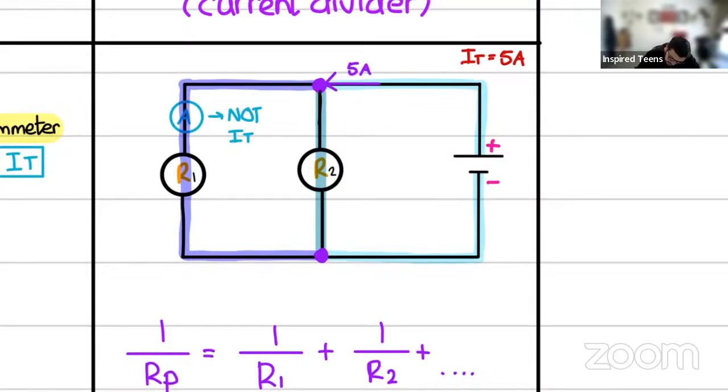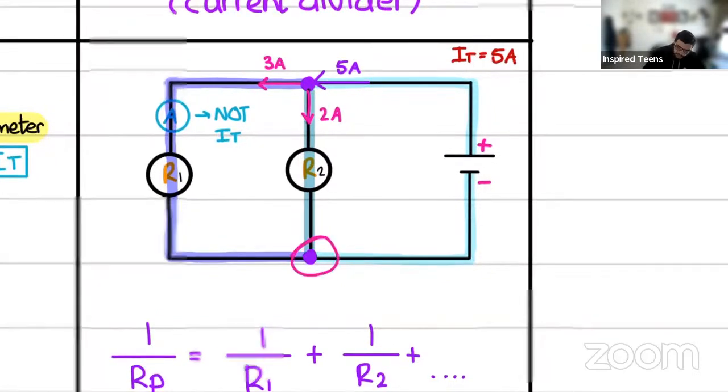So maybe down 2 amps will go, and left in this circuit 3 amps will go. So in a parallel circuit, current splits. You can think of it like water again. The water would go left, it would have two options, and it would go down. Water would go both ways, and then they'd rejoin at that point there. So what leaves, one more time, is a full 5 amps.